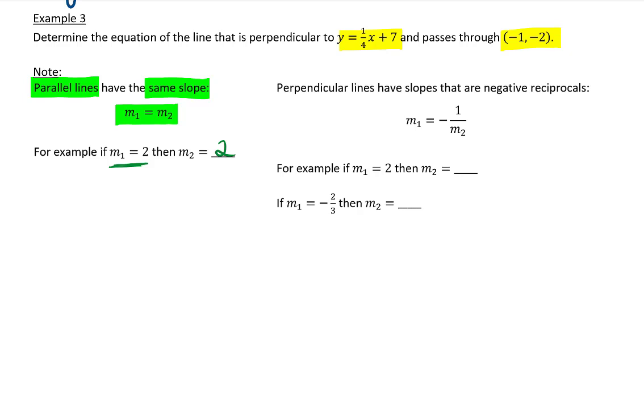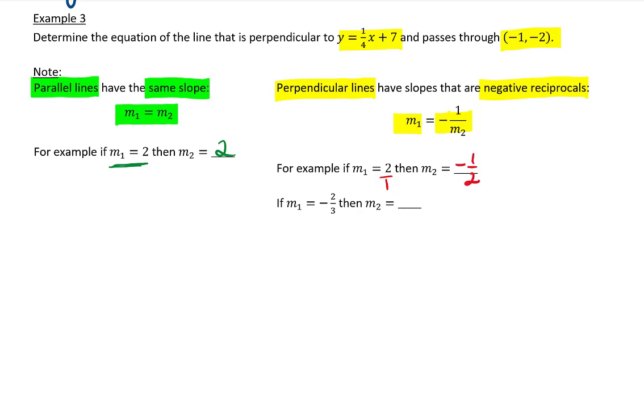For perpendicular lines, we say they have slopes that are negative reciprocals of each other. So the slope of line 1 is the negative reciprocal of the slope of line 2. For example, if the slope of line 1 was 2, and remember that's 2 over 1, then the slope of line 2 would be the negative of the reciprocal of 2 over 1, which would be -1/2.